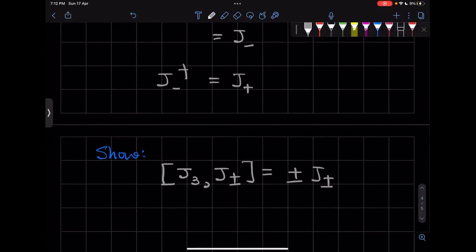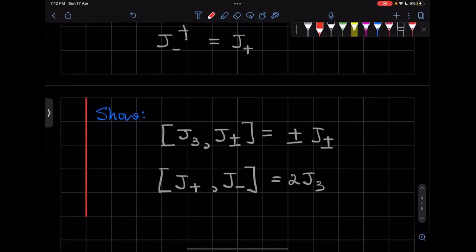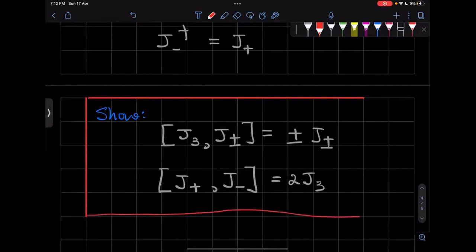These are 2 commutation relationships. And the other one is the commutator of J plus and J minus is 2 times J3. Okay. So you should be able to show this very easily.